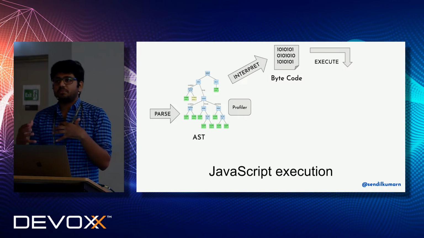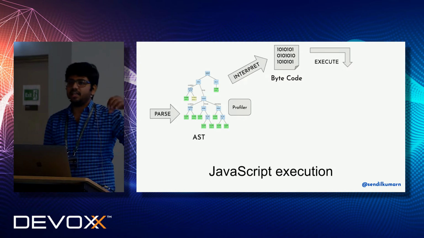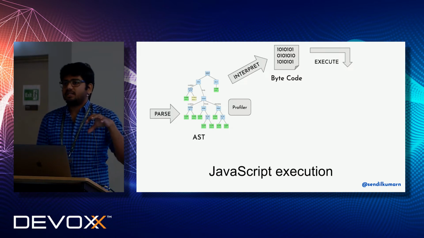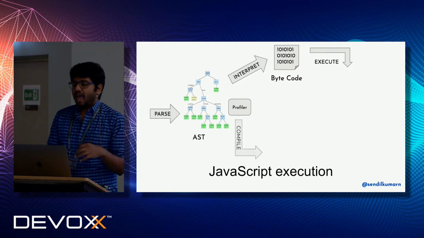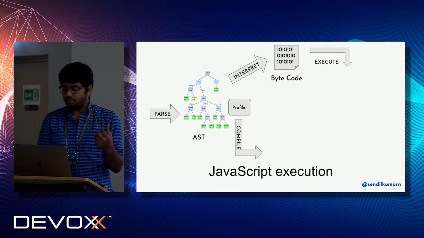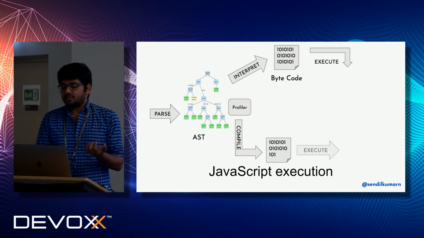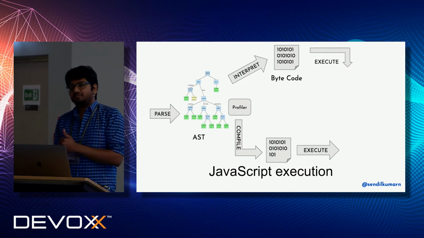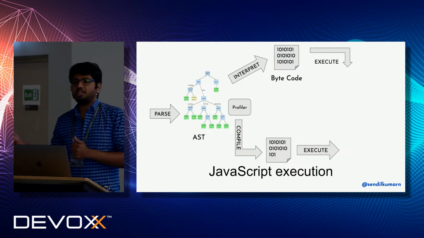It says, OK, this function is getting called a greater number of times, so we can optimize it a little bit. So what we have is a compiler. This compiler optimizes the code and produces bytecode, and this bytecode will be executed. The output of this execution will be much faster than the output of the interpreted execution.